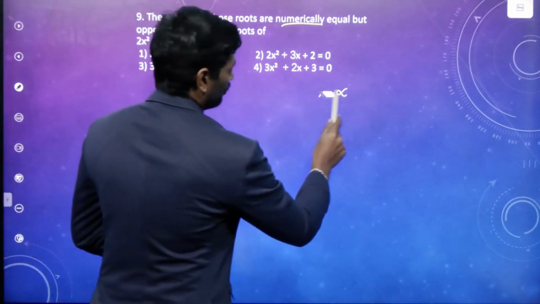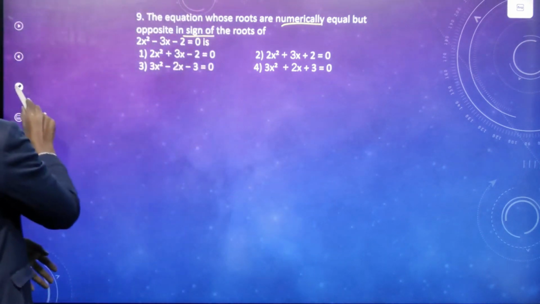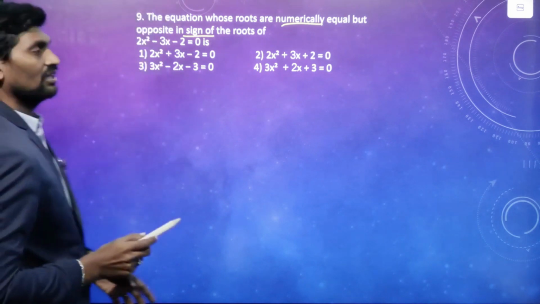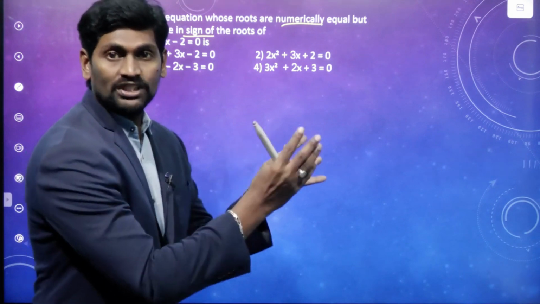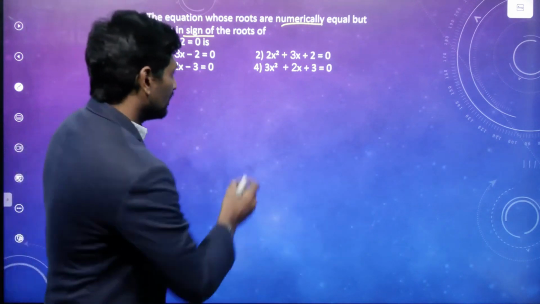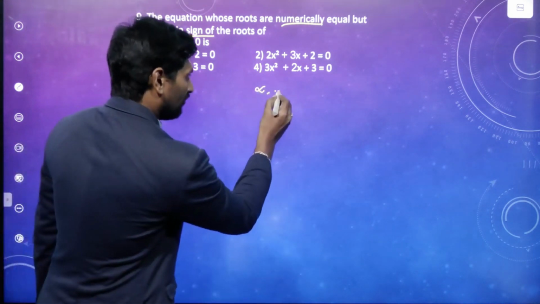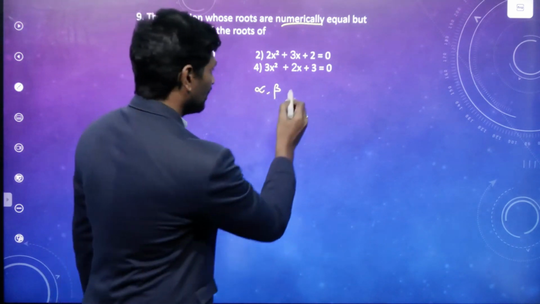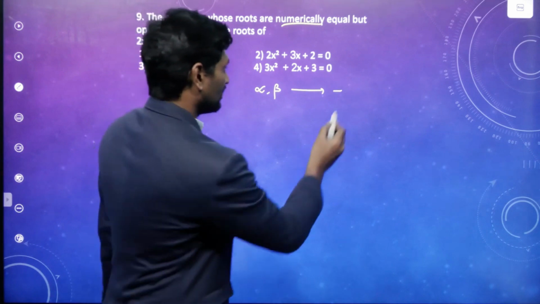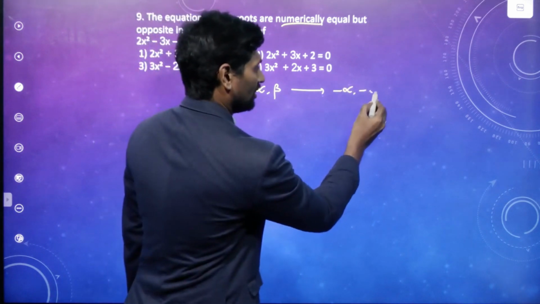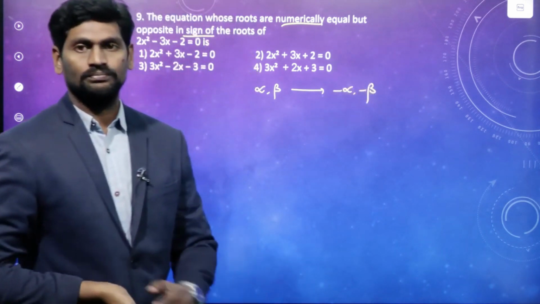Here it is not mentioned that one of the roots is numerically equal to another one. But here we are discussing about roots. That means both roots we should take. Suppose alpha, beta are roots. Numerically equal, opposite in sign means minus alpha, minus beta.